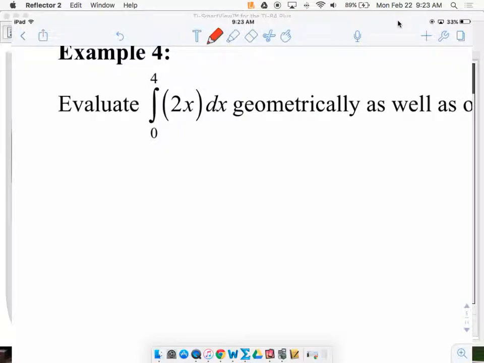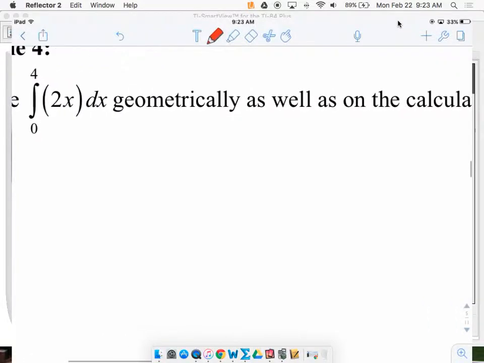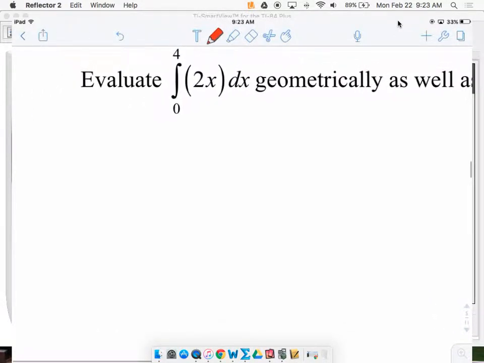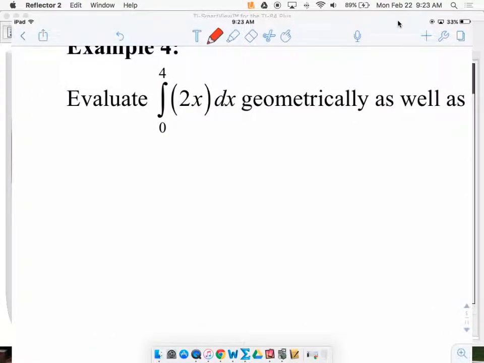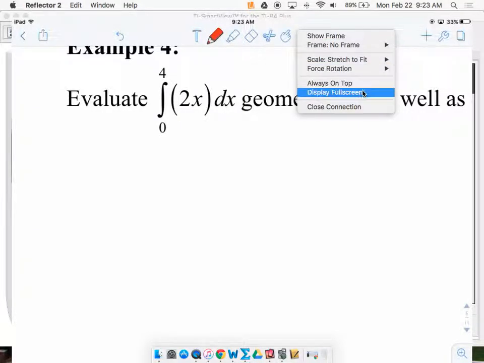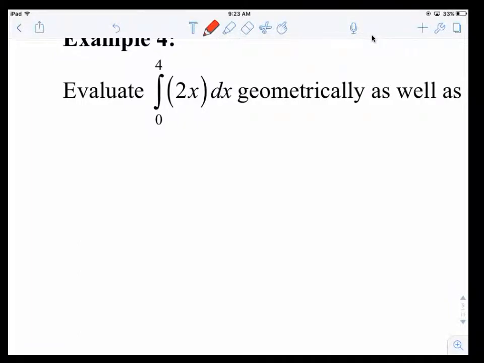Okay, so it says evaluate the definite integral of 2x from 0 to 4 geometrically as well as on the calculator. Okay, so they don't give us any intervals to do, correct? That's all right. We don't really need to. So since we've been talking about area, we can actually figure out the area that line will give me.